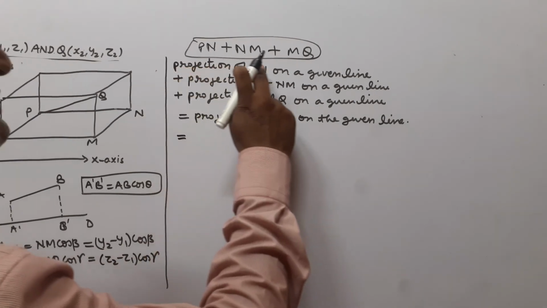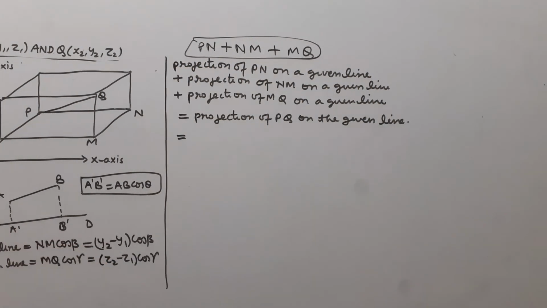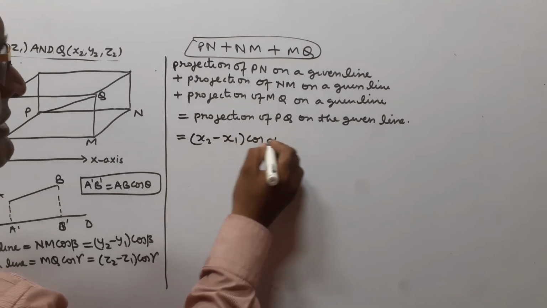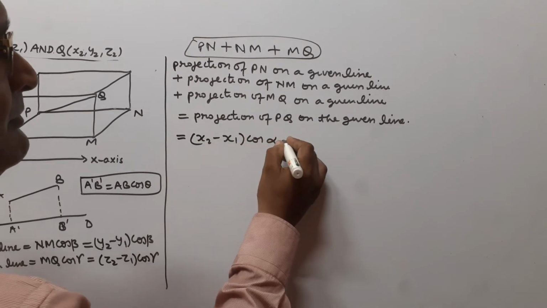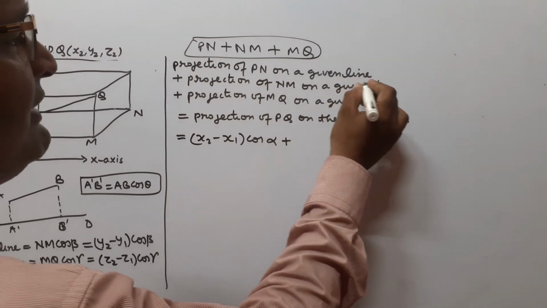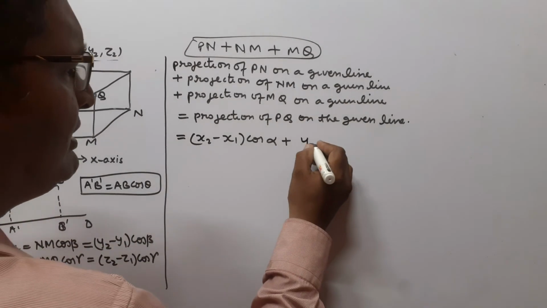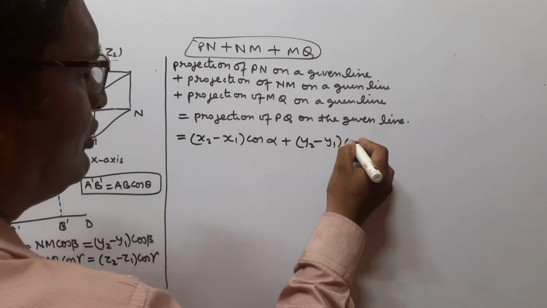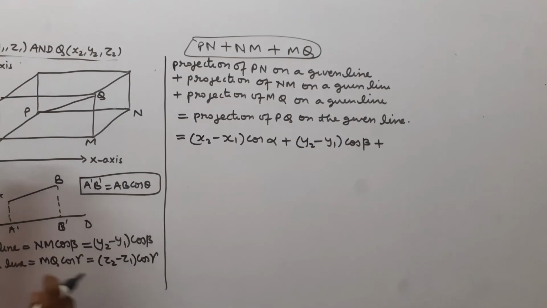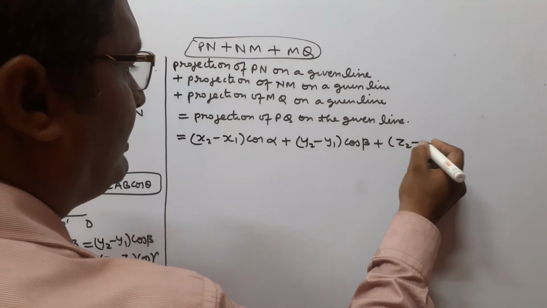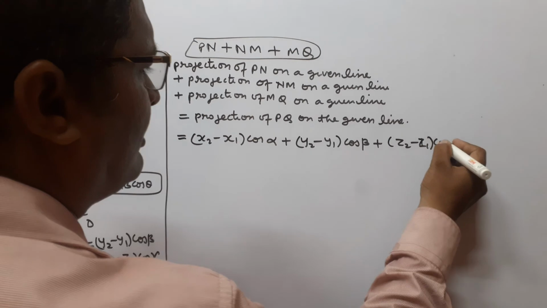The projection of PN on a given line is x2 minus x1 cos alpha, plus projection of NM on a given line, which is y2 minus y1 cos beta. Similarly, projection of MQ on a given line is z2 minus z1 cos gamma.